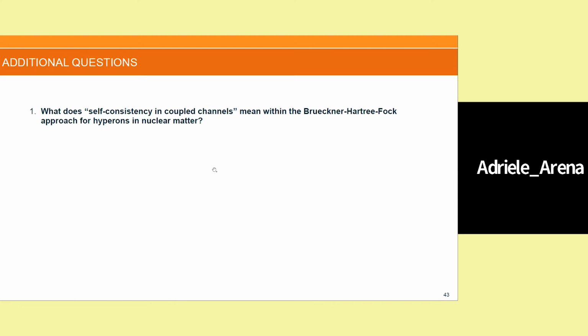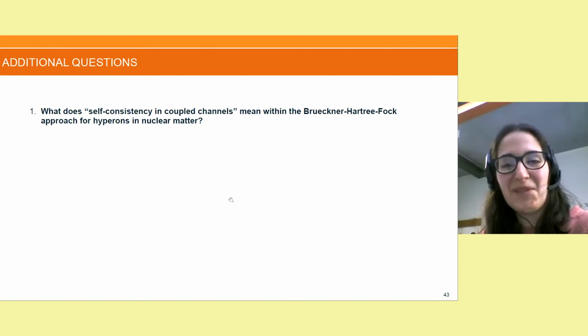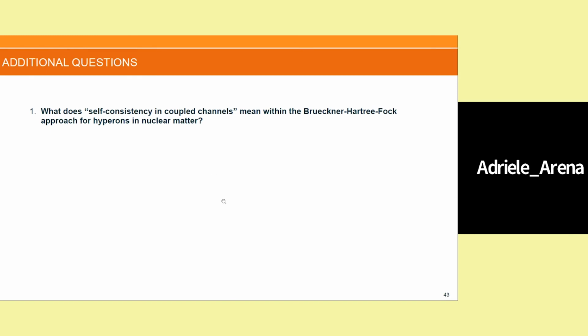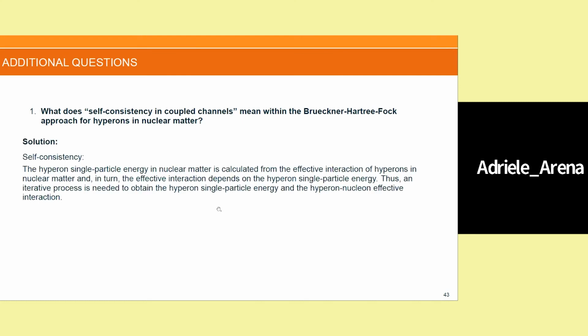To calculate it, we need some information, but when we put the interaction inside some expression, we need another piece of information, so it's connected like a loop, and this is why it was self-consistency.